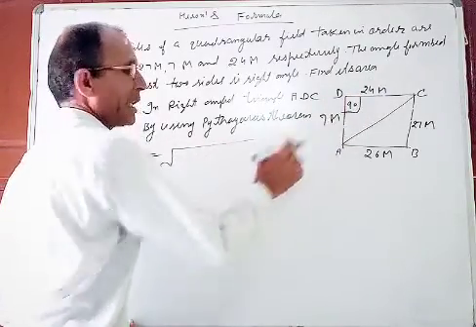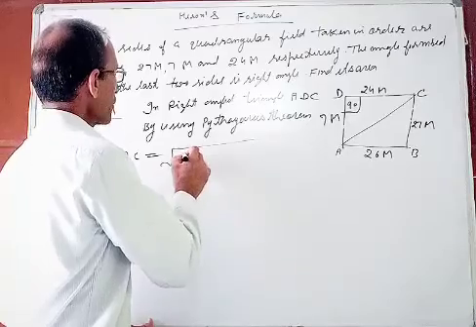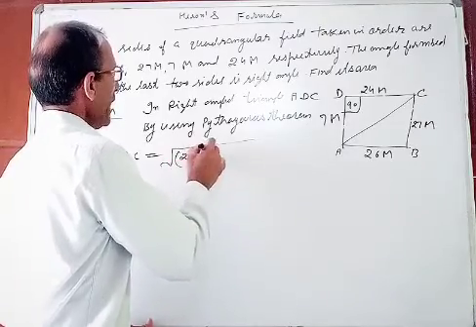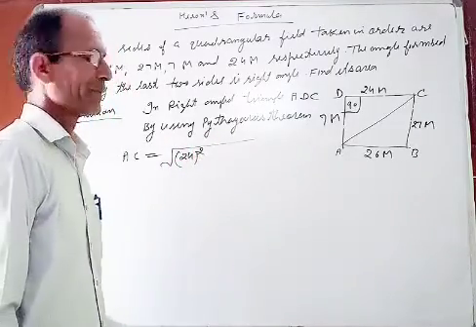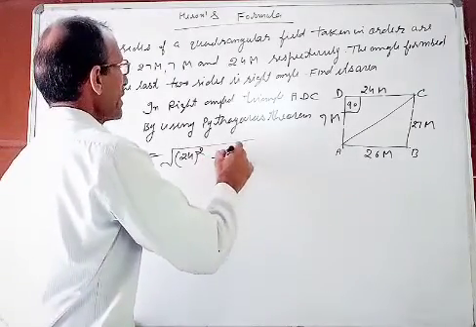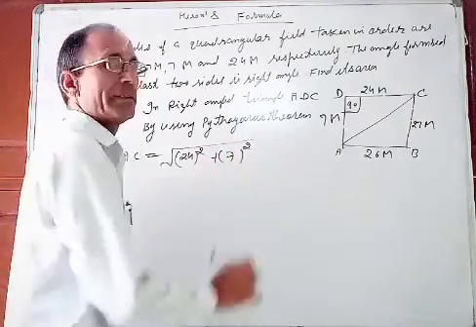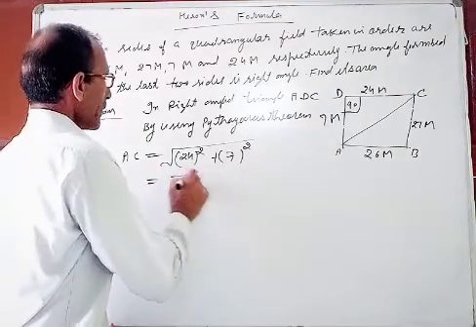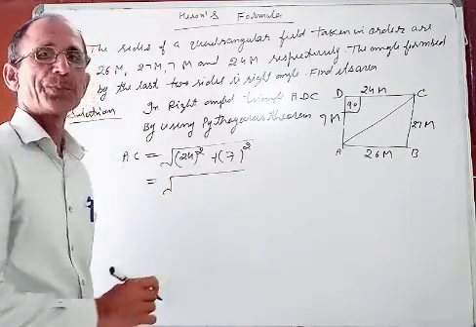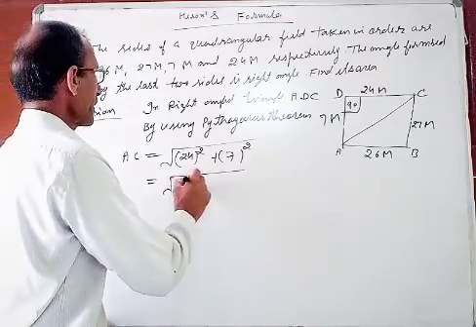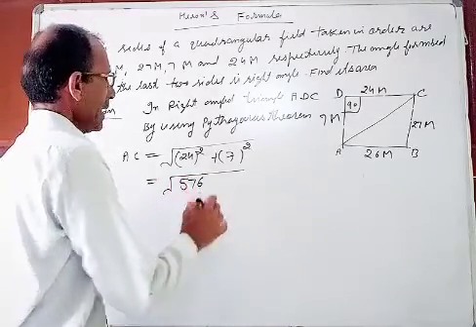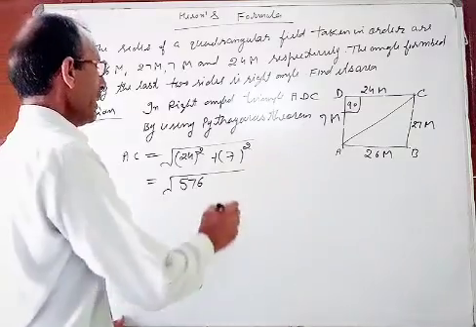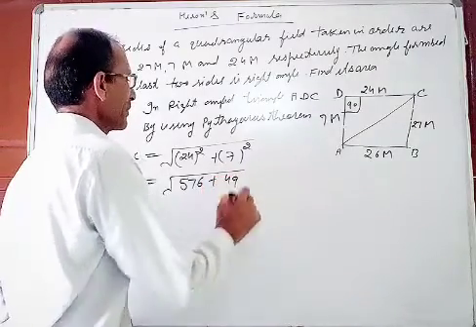this is base, this is perpendicular, base square 24 square, and perpendicular 7 square. 24 square is 576, and 7 square is 49.